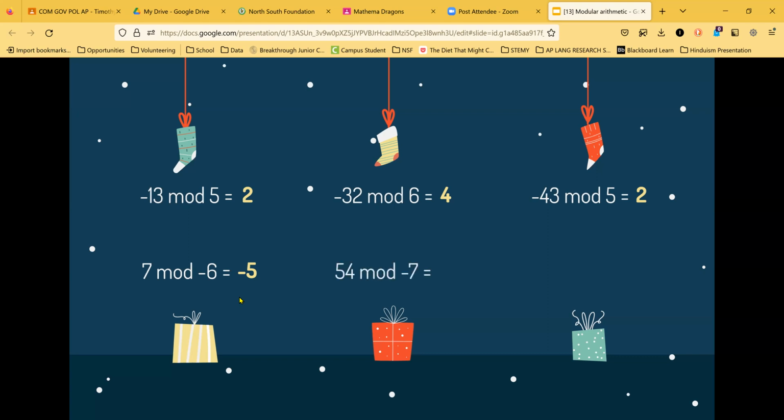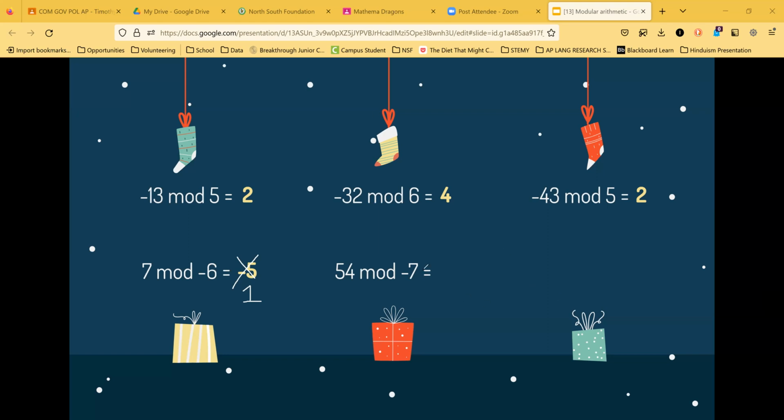What is 54 mod negative 7? Okay, yeah, you all are correct.